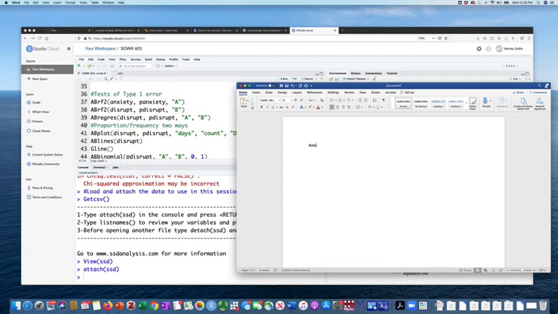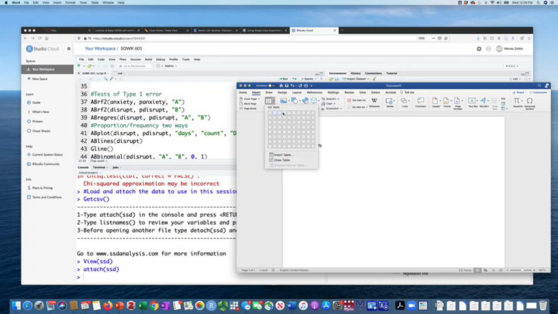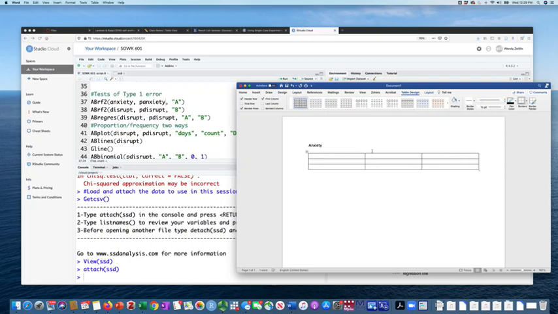So we'll say anxiety here. And we actually have to look at 4 different things. So let's just create a table where we can put that information. I'm going to make my table a little bit bigger. We'll make it a 3 by 3 table.